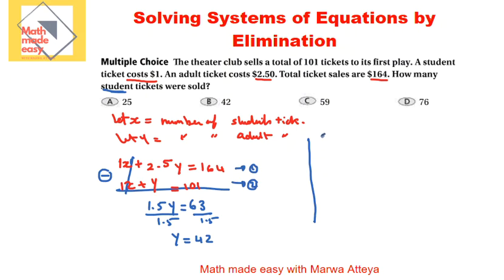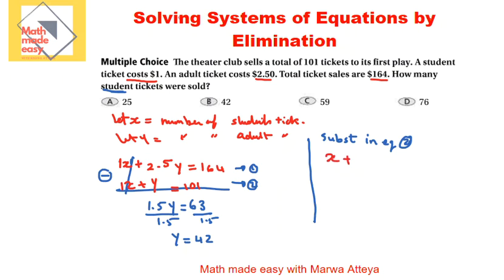So I'm going to substitute in the easier one. We agreed that regardless of which one you substitute in, you're going to get the same answer. So I'm going to substitute in equation number 2 just because it's easier. Equation number 2 states that x plus y is equal to 101. I don't have the value of x; this is what I'm looking for, the number of student tickets.